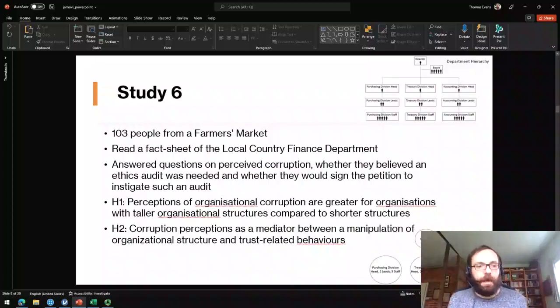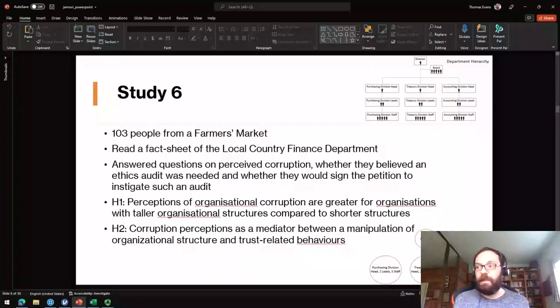In the original study, they asked 103 people from a farmer's market to read a fact sheet of the local county's finance department, manipulating the structure. On the top right, we have a hierarchical approach. So it's a high hierarchy where you can see clear levels of management.